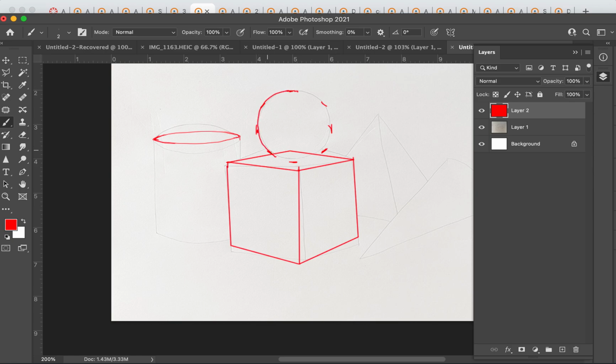And again, mouse. So terrible, really terrible. But yeah, what we're trying for is to get that centered on that cube.